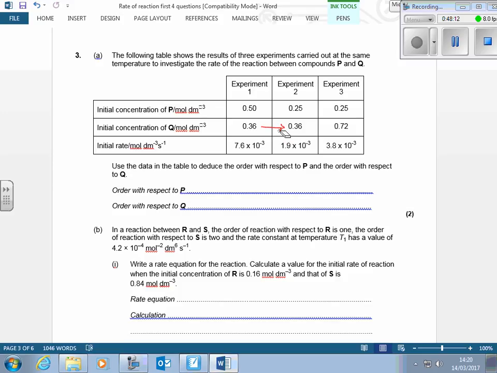So I will do it the way that is the easy one to work out. Keeping Q constant, this is times 2. When we double the concentration of P, what happens to the rate? 2 to the power what? 2.